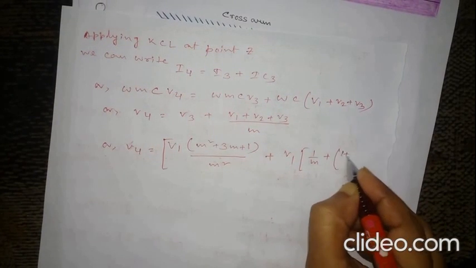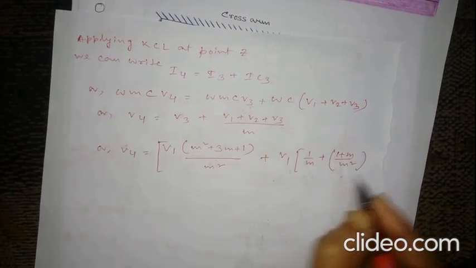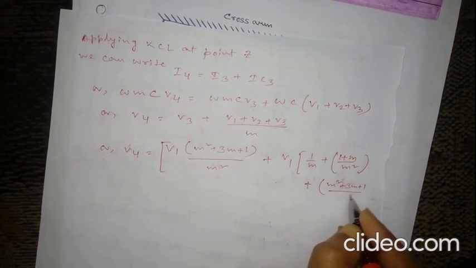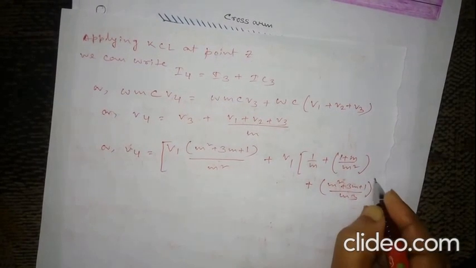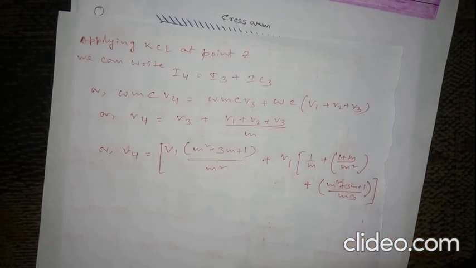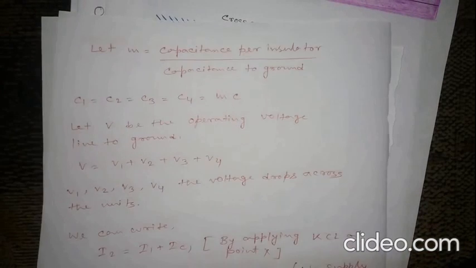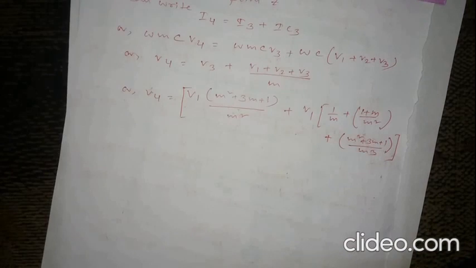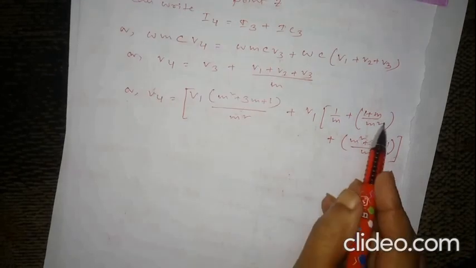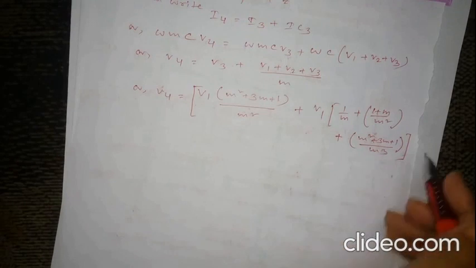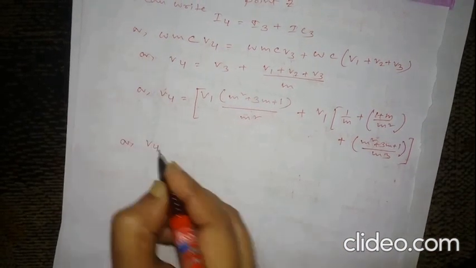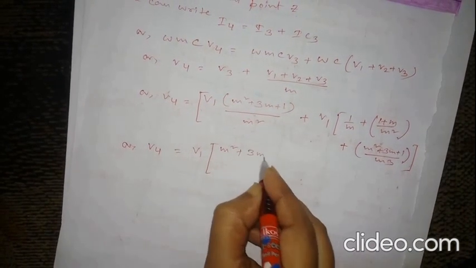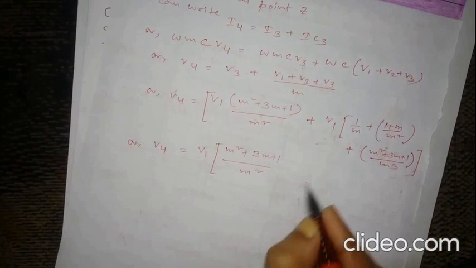We know that V2 is V1 (1 plus M) by M, from the previous discussion.